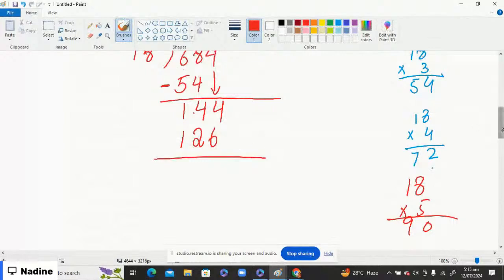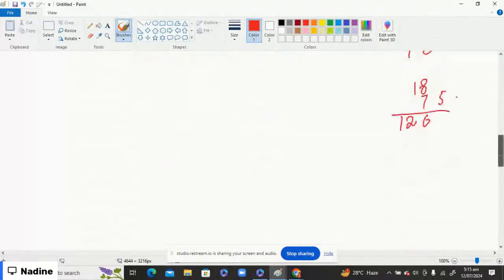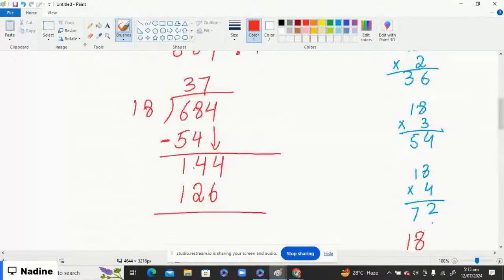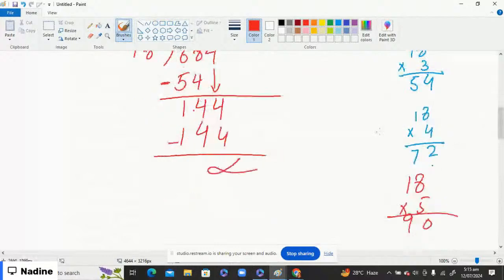And 18 times 8, let's check it out. Maybe it's the full. 18 times 8 is 64. Then 8 times 1 is 8 plus 6 is 14. Yeah, it's complete. So 18 times 8 is 144. After subtraction, here is nothing.